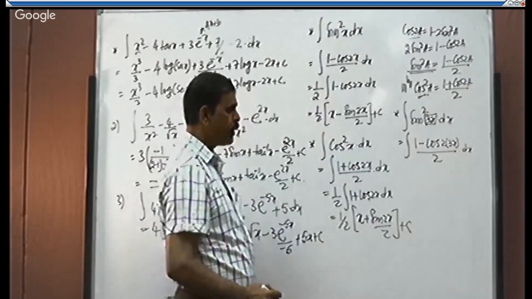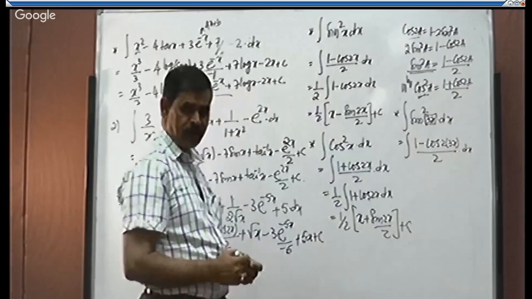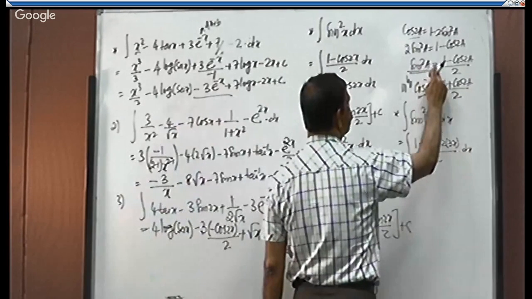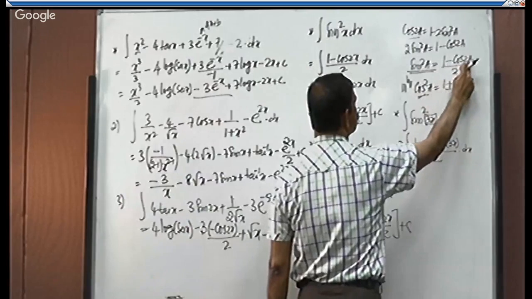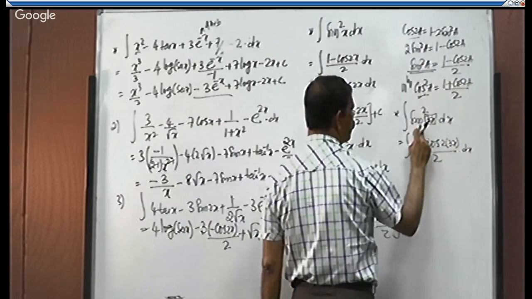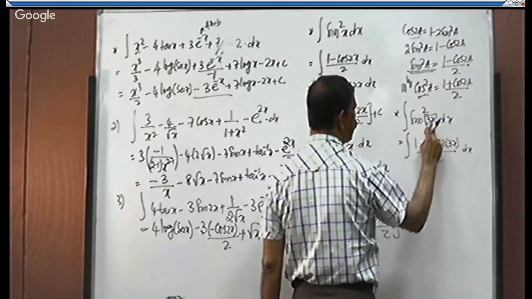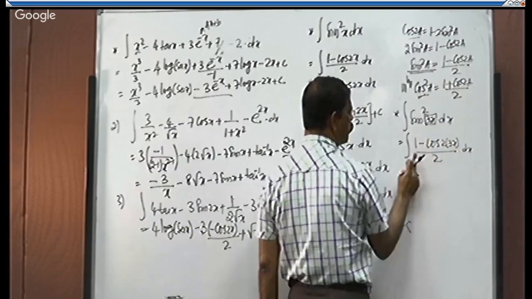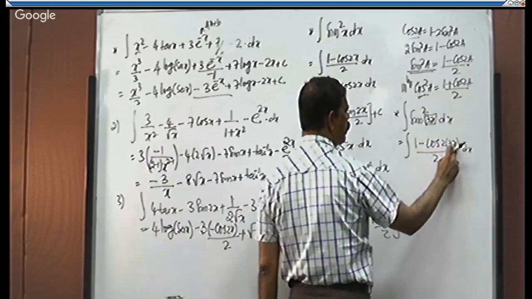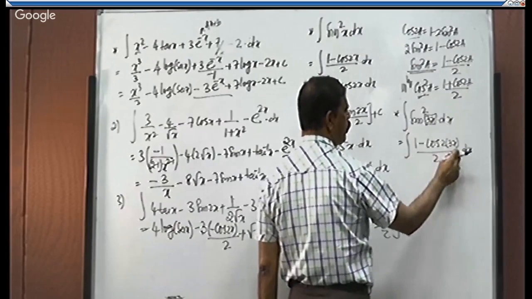In place of x, suppose you have 2x, 3x, 5x, then use this: sine square a is equal to 1 minus cos 2a divided by 2. What is a? 3x. Hence, in place of a, we have to write 3x.